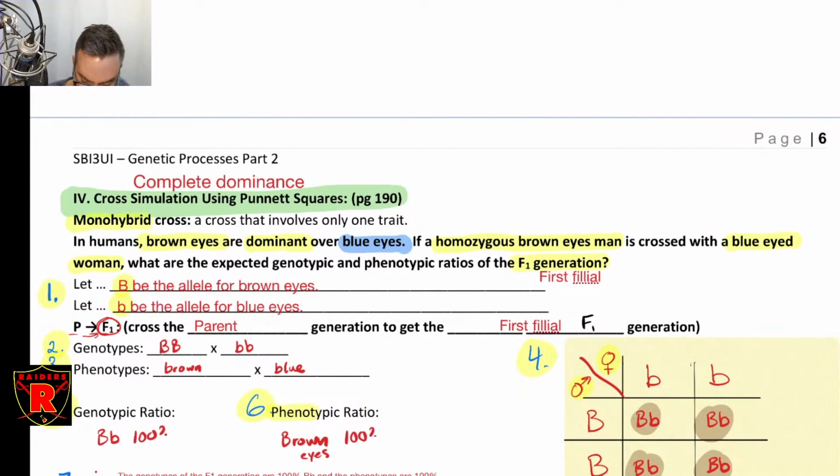So I mentioned previously that this form of inheritance, this idea that if there's 2 alleles, one of them is dominant over the other, and the dominant one always shows if it's present, and if you have the recessive, it only shows if you have 2 recessive.